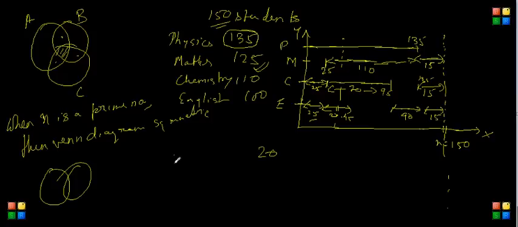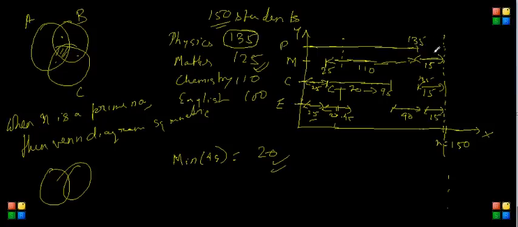So if I represent it, the minimum number of students passing all the 4 subjects is nothing but 20, right? I hope you got the concept of what I'm trying to do. I'm trying to minimize the overlap area, and then finally trying to see in which range of values of x I have 4 lines.